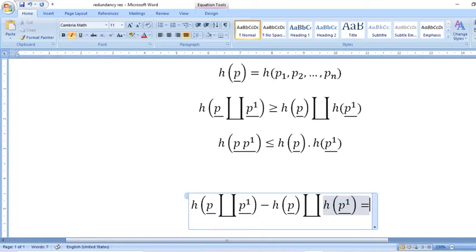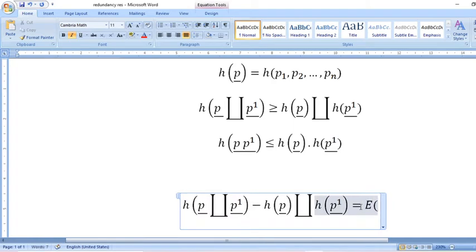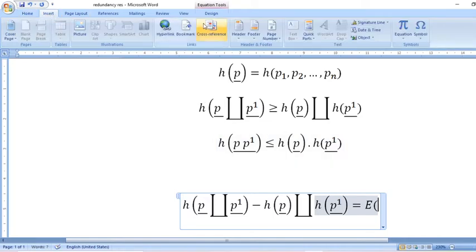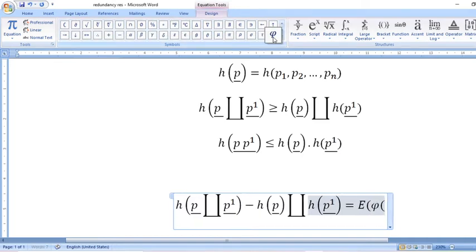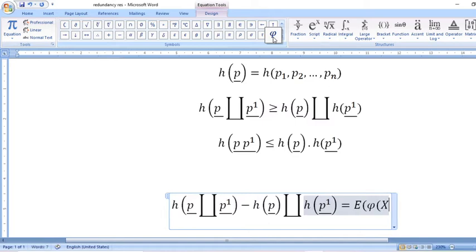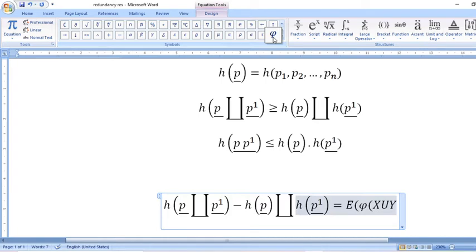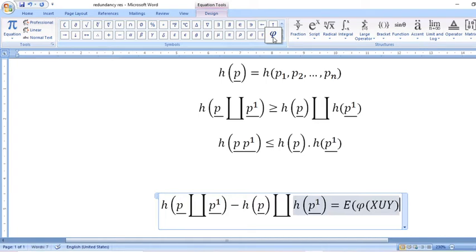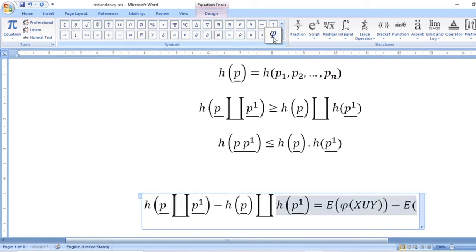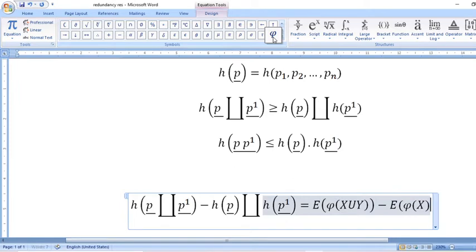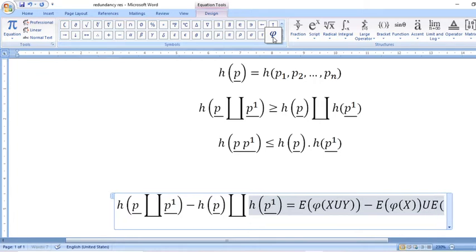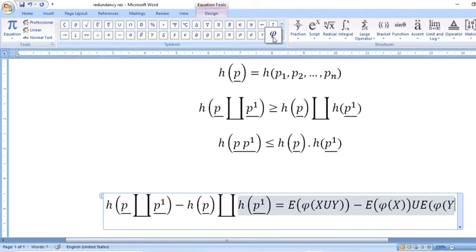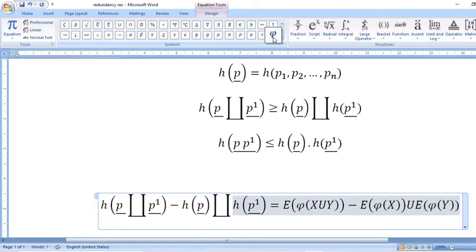What is this? This is exactly expectation of phi of x union y minus expectation of phi of x union expectation of phi of y, right? So what is this? This can be simplified again.